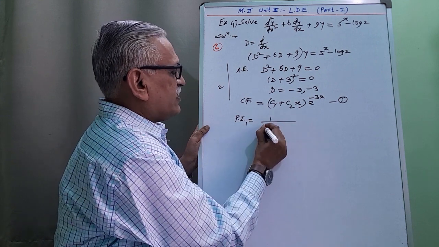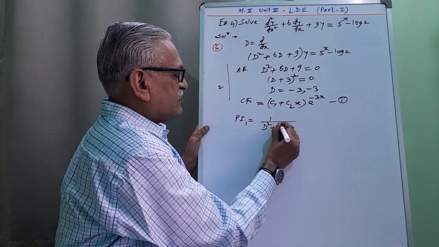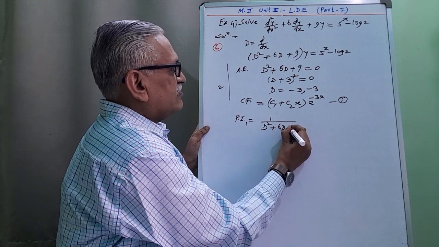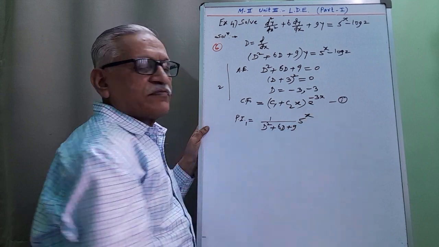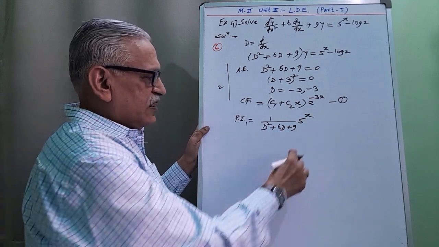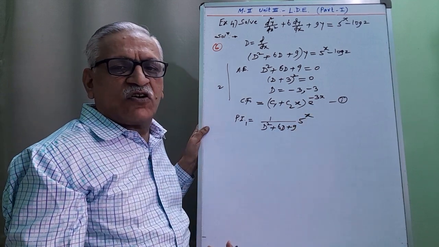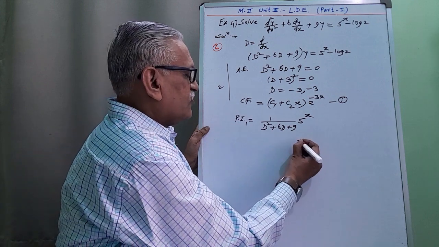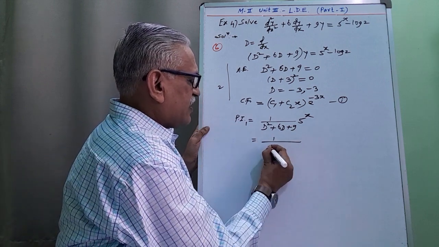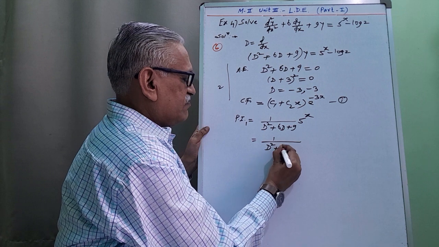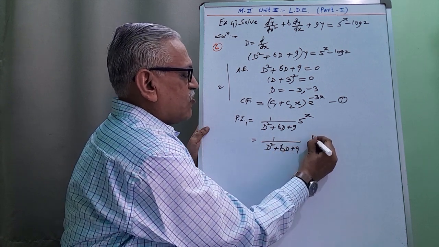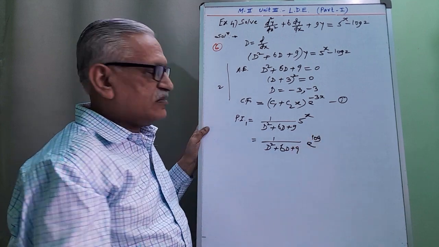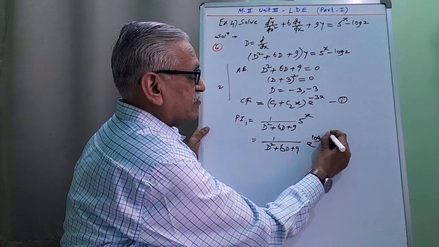1 upon D square plus 6D plus 9, which we have to operate on 5 raised to x. This first term is not under any shortcut form, therefore we have to rewrite that term as e raised to log of 5 raised to x.